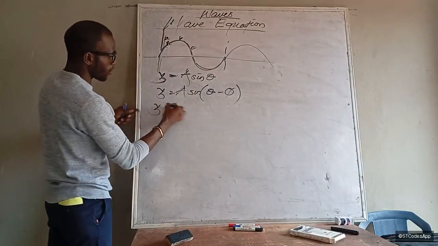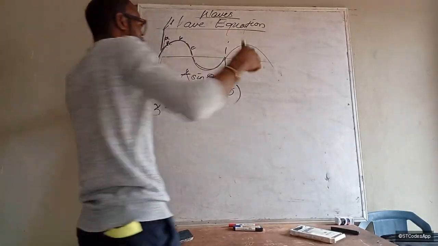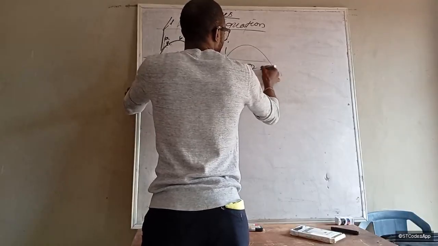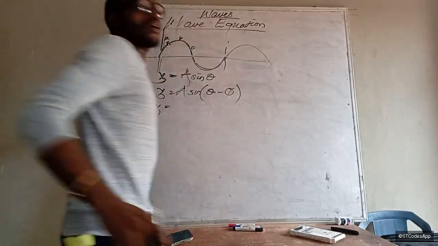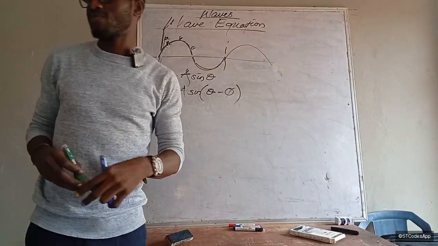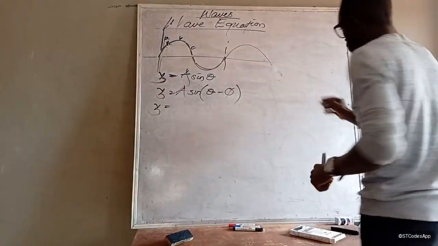We know therefore that y is equal to, remember how we did it in circular motion in the beginning, that theta is equal to... What's the formula for speed, for velocity? Displacement over time. Good.